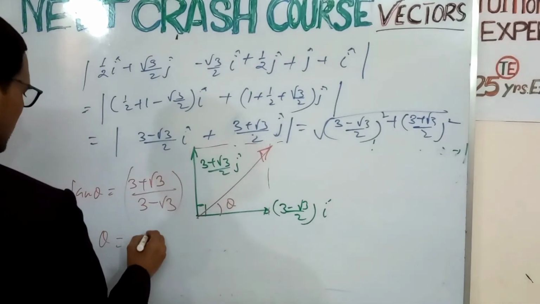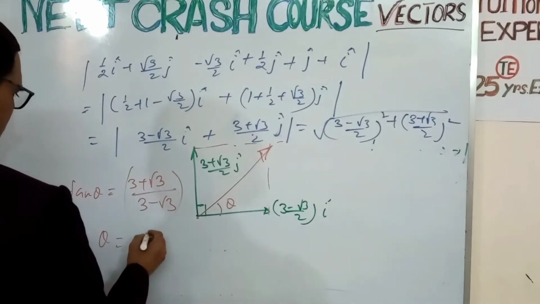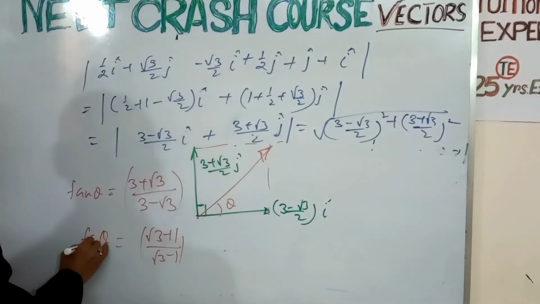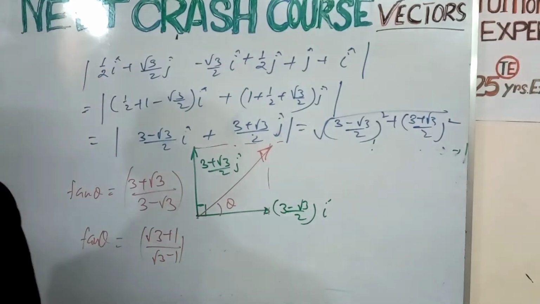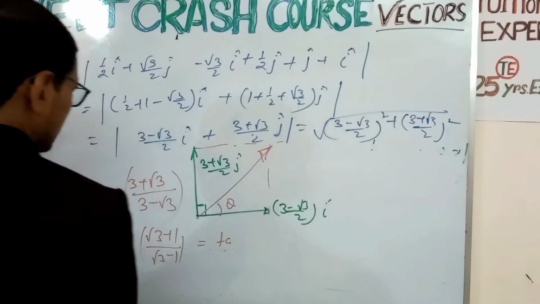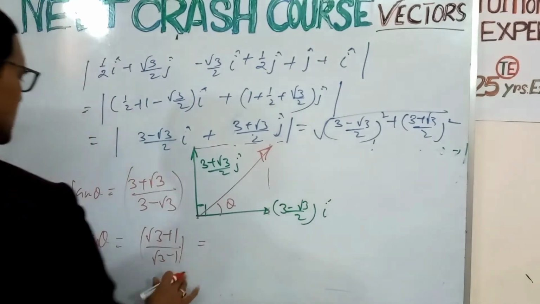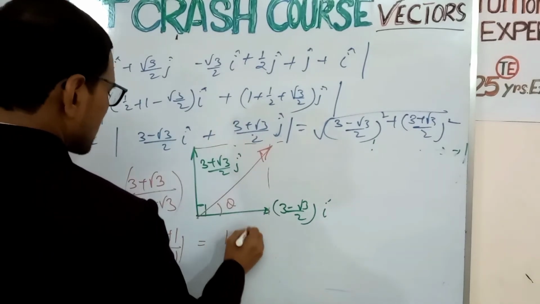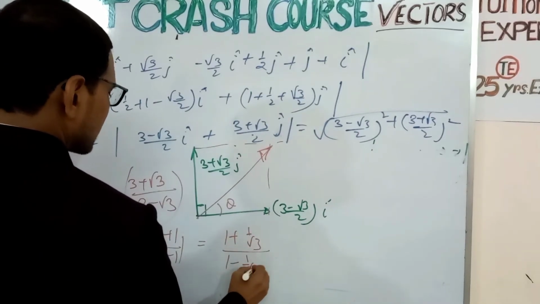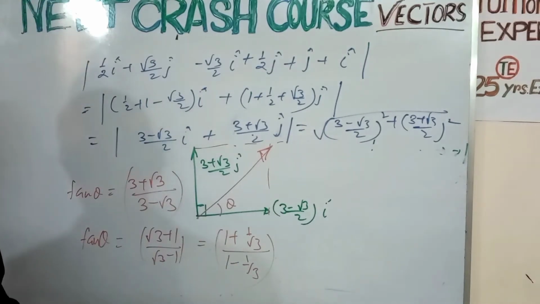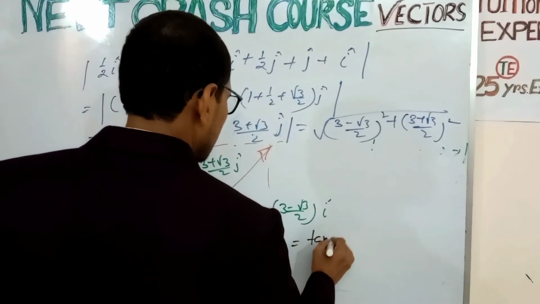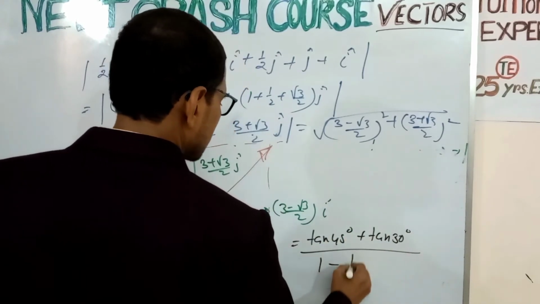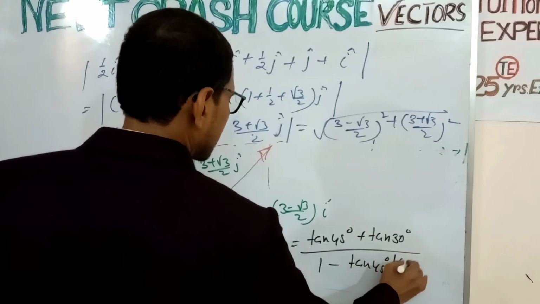So if we take root 3 common, this is root 3 plus 1 by root 3 minus 1, tan theta equal to this. Now if we take common root 3 from this, 1 plus 1 by root 3, 1 equal to tan 45 degree plus tan 30 degree by 1 minus tan 45 into tan 30.